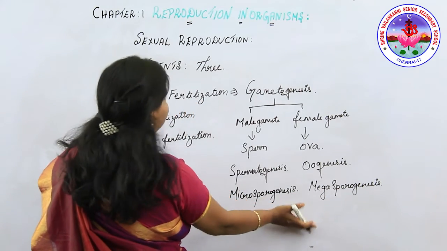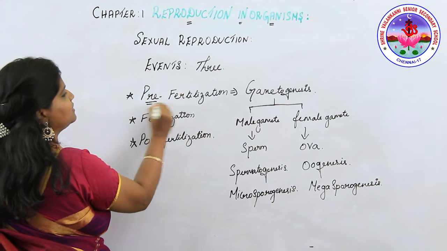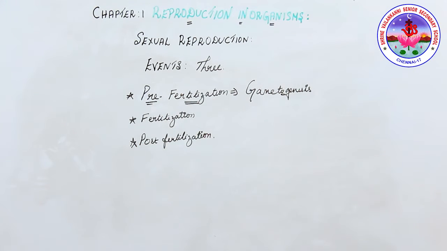So that results in the event called pre-fertilization. Next, in pre-fertilization, another thing is gamete transfer. Even though gametes are formed, the male and female gametes must be physically brought together to facilitate fusion. Have you ever wondered how the gametes meet?